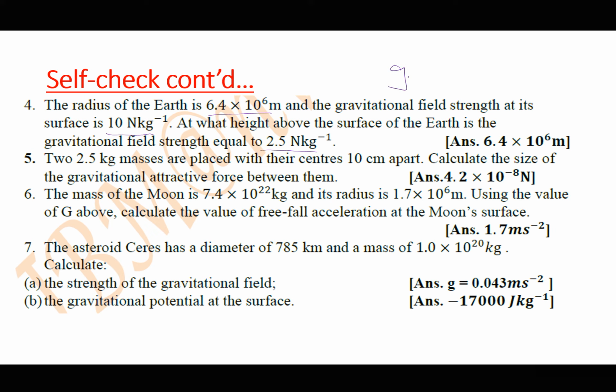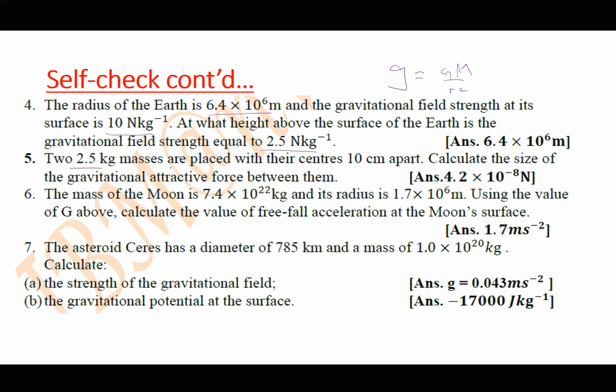We have seen gravitational field strength is equal to capital G M over r squared. So you have g on the Earth and g at a certain height. So you have two equations, and you'll be able to find the height. Remember, r is always measured from the center, and the height will be the distance from the center minus the radius of the Earth.